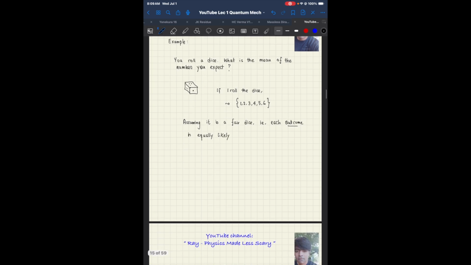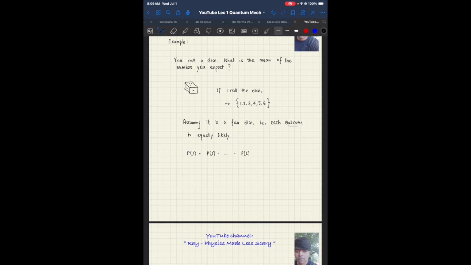What does it mean? So probability of getting, say, a 1 is the same as probability of getting 2 is the same as probability of getting 3, up to probability of getting 6.